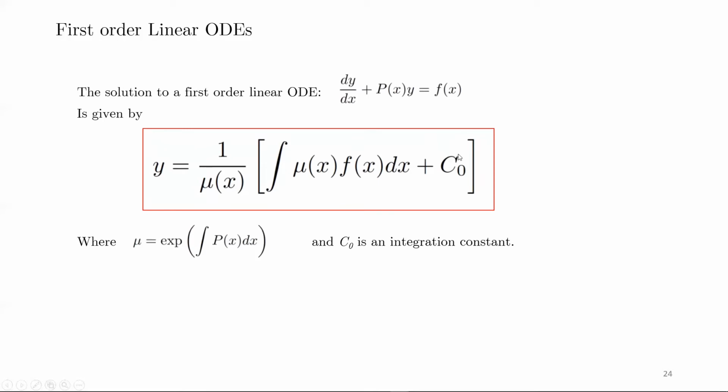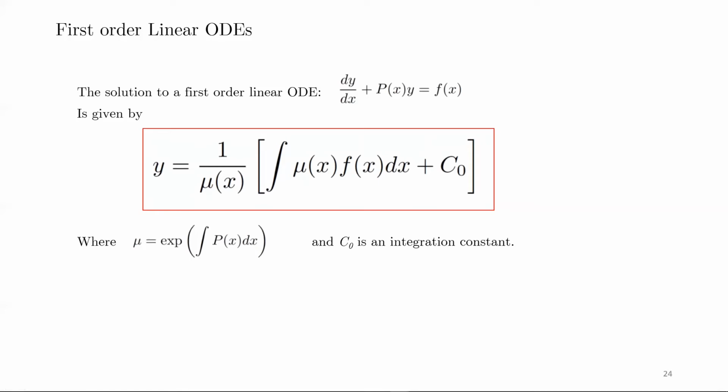If you remember nothing else from the last 10 minutes of this class today, just remember this slide. The solution to the first order linear ODE in the standard form here is given by y is equal to 1 over mu times the integral of mu times f with respect to dx plus some integration constant, where mu is equal to the exponential of the integral of p dx.